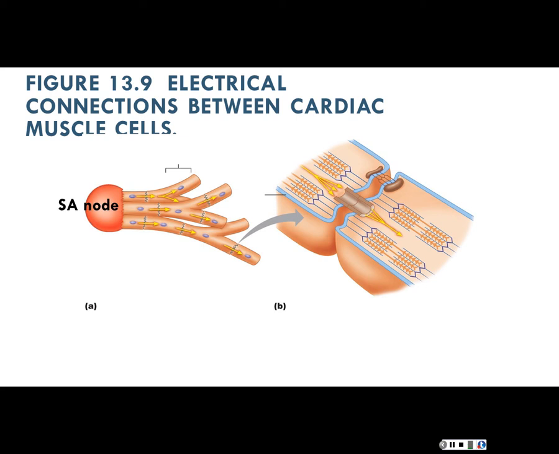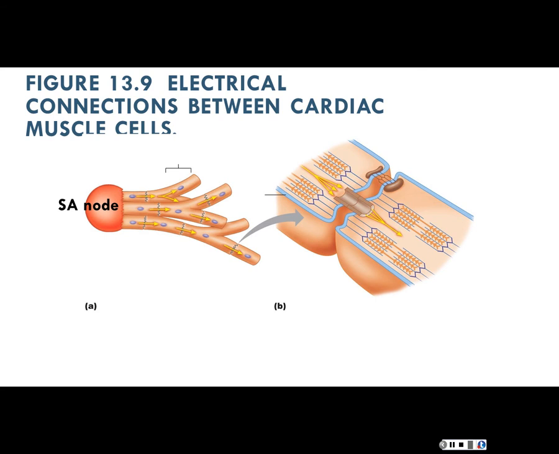Like the big quotes, the pacemaker of the heart is an area of the heart called the sinoatrial node. It is the pacemaker for the heart. It's going to spontaneously, regularly what? Depolarize to threshold.